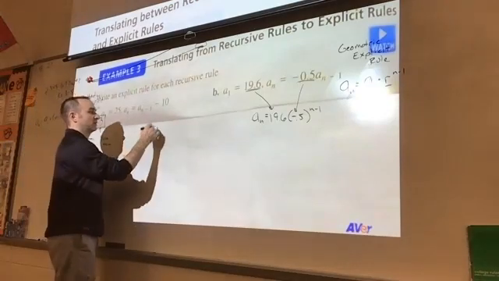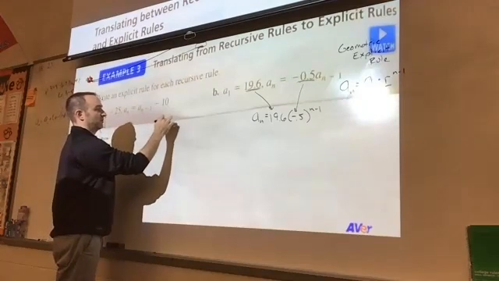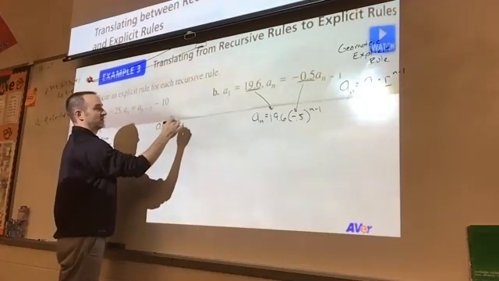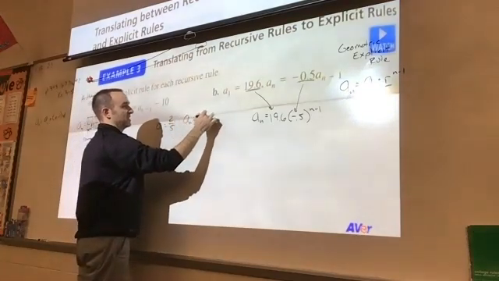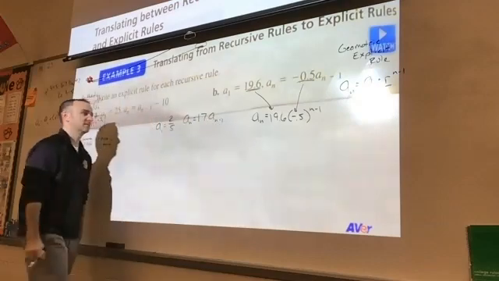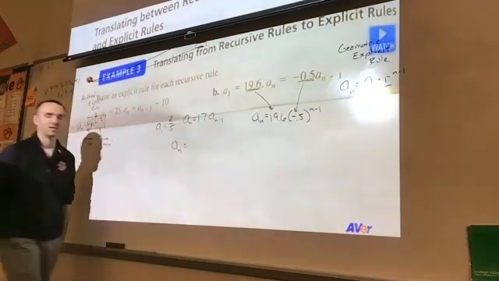Let's just make sure before we move on. Let's say we have a sub 1 is equal to 2/5. We have a sub n is equal to 17 a sub n minus 1. Write that explicit rule, please.